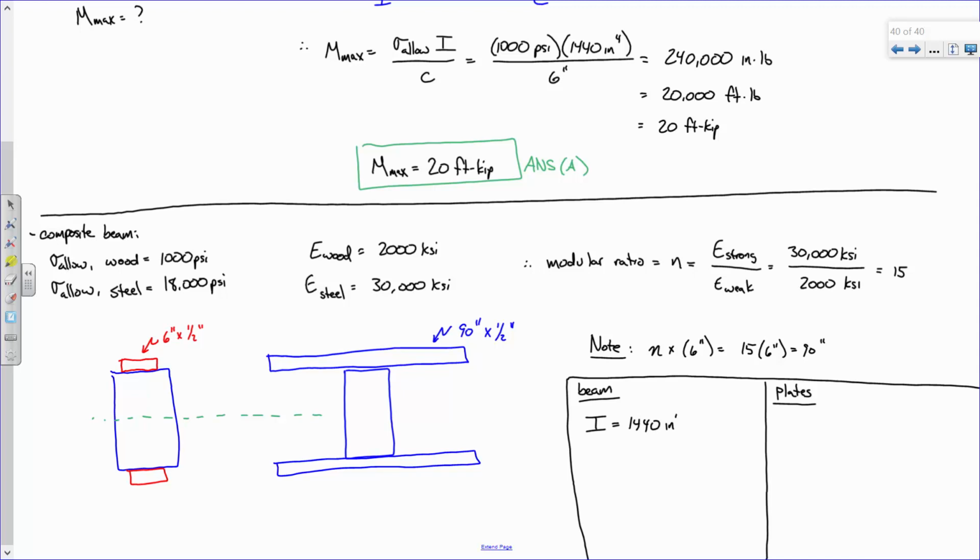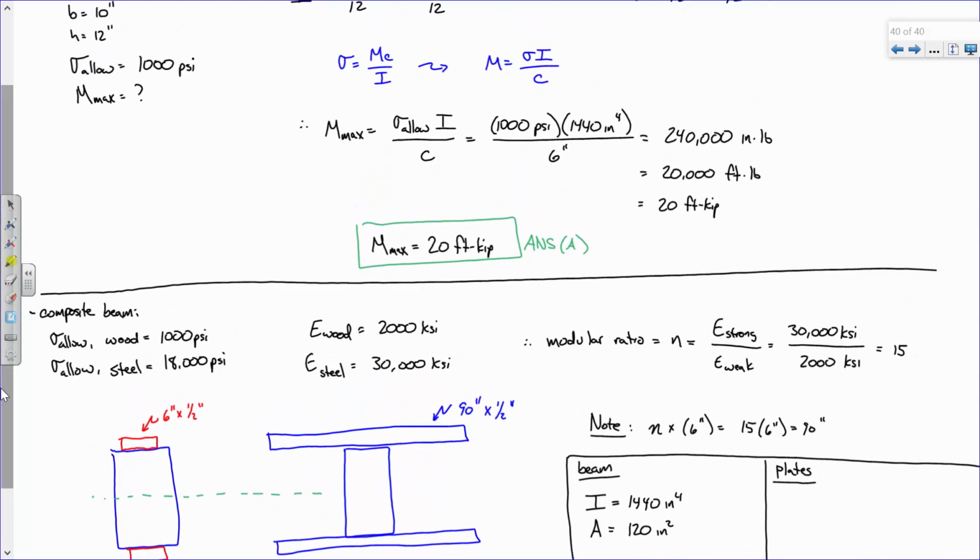Was that right? Inches to the fourth? Now, what is the area of that wooden beam? It's 120 square inches, because the beam is 10 inches wide, 12 inches tall. That's pretty simple, right?